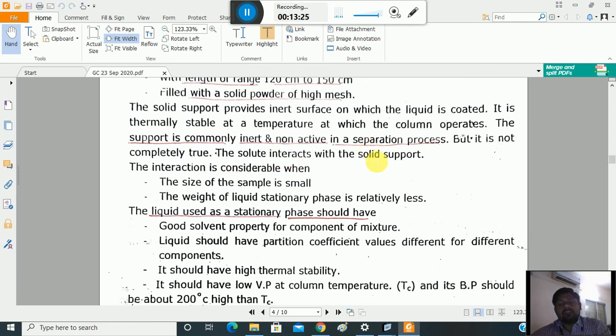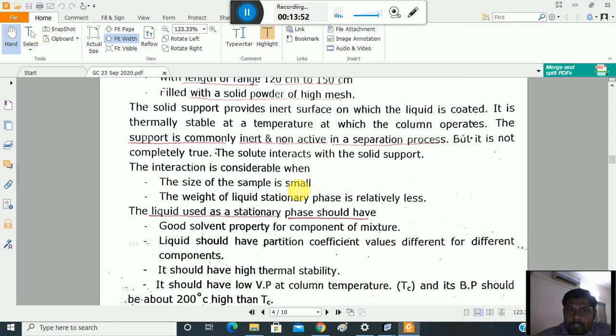Generally we see in many reference books that the solid support that is used to hold the liquid stationary phase is inert in nature, but that is not possible. The solid inert support always interacts with the stationary phase, but it is negligible. But it is not negligible, it is considerable if the size of the sample is small.